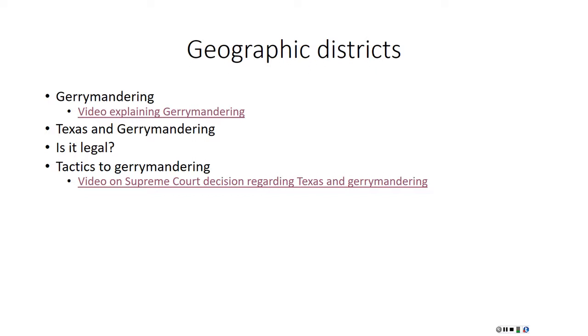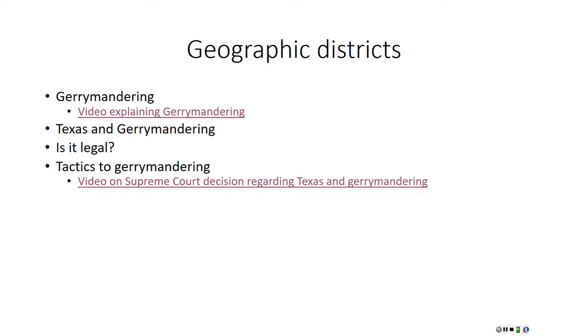Well, in the pairing technique, we redraw District 1, District 2, District 3, all of this stuff. But we're going to combine a portion of District 1 with a portion of District 2, and we're going to combine it in such a way that the representative from District 1 and the representative from District 2 now live in the same district.